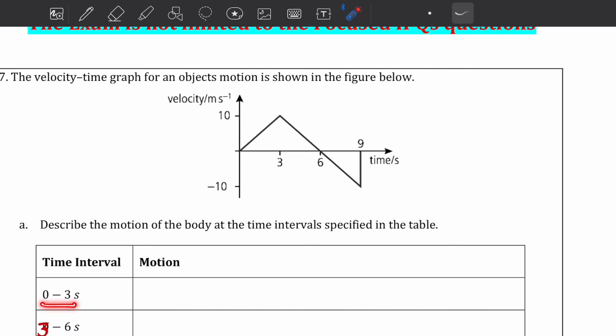So from 0 to 3 seconds, let's just label this as 0. From 0 to 3 seconds, we can see that the velocity is increasing uniformly. Uniformly means equal increase in velocity for equal increase in time. So we can write that velocity is increasing uniformly.